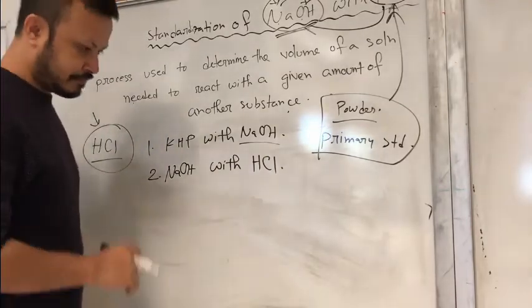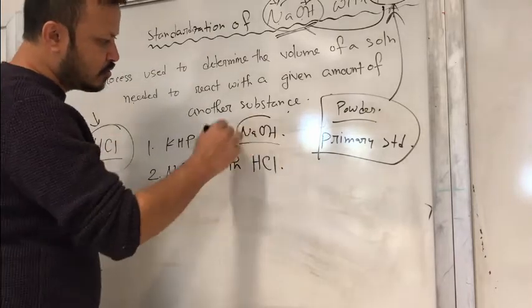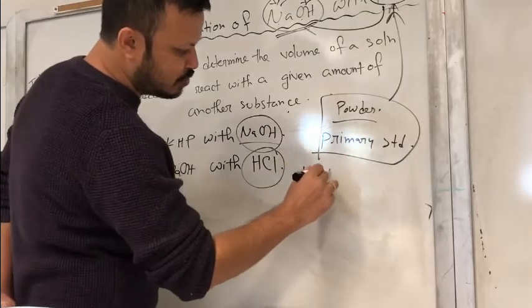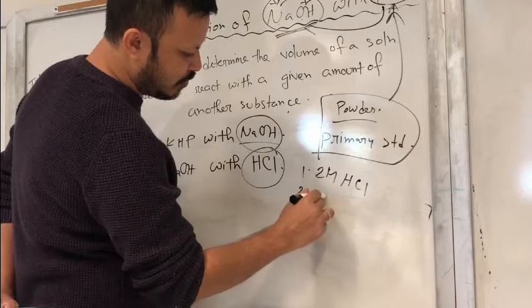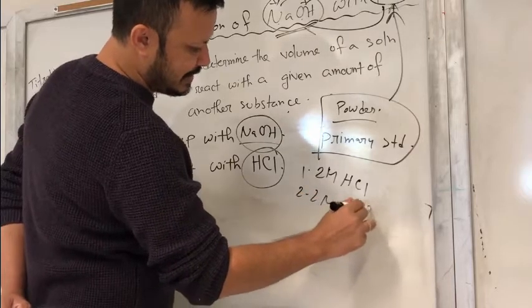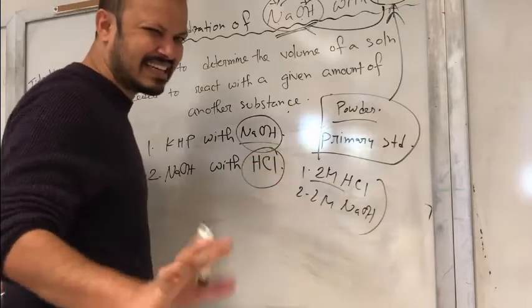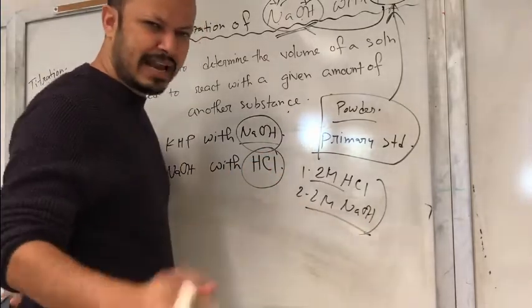From our lab we will normally give you 2 molar solutions of HCl and sodium hydroxide. But the thing is that this 2 molar concentration is not exact. It will be around 2 molar, also not exact.